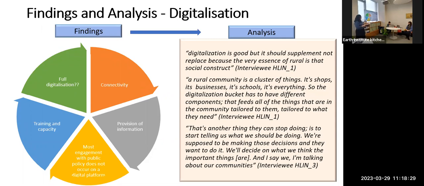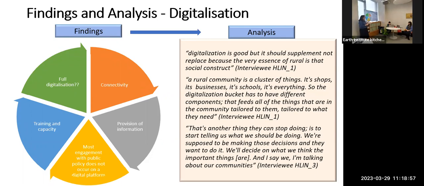So the issues that people talk about: can there be full digitalization? Is it about connectivity, so is it about broadband ultimately? Is it more about provision of information? And also, most engagement with public policy doesn't occur on a digital platform. When people are in their day-to-day lives, they're not doing it on a digital platform. And again, training and capacity comes up everywhere.